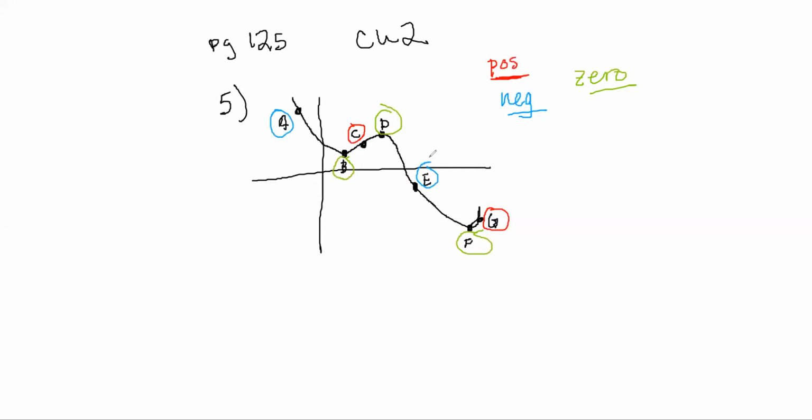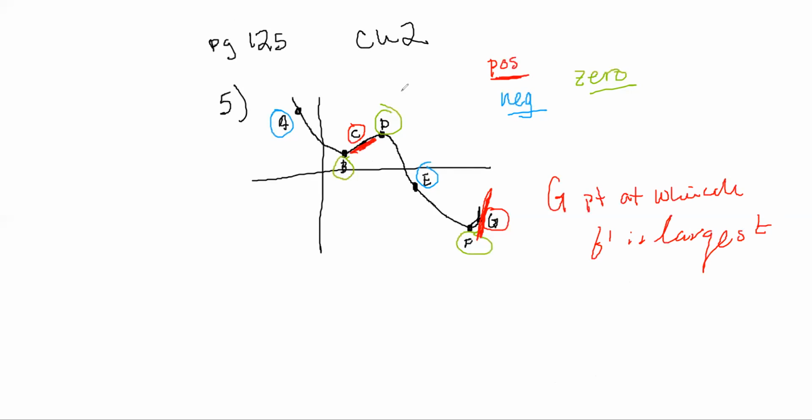All right. So which of the positive ones is the most positive? Which one is the greatest number? G. Yep, because this is going to be kind of a line that looks like this, and this is kind of going to be a flattish line. So G is the point at which F prime is largest.